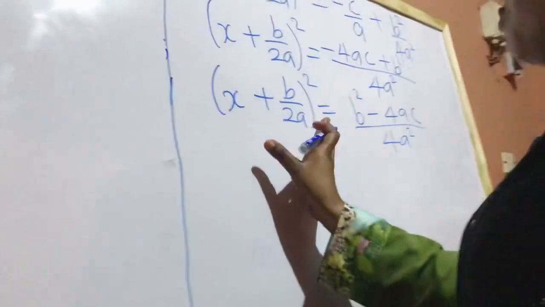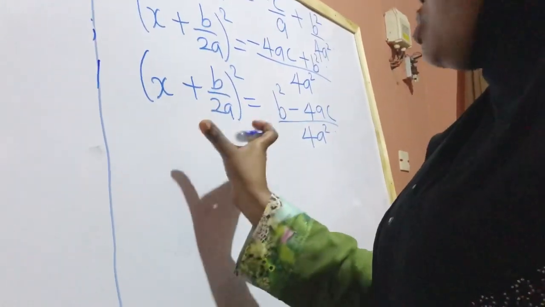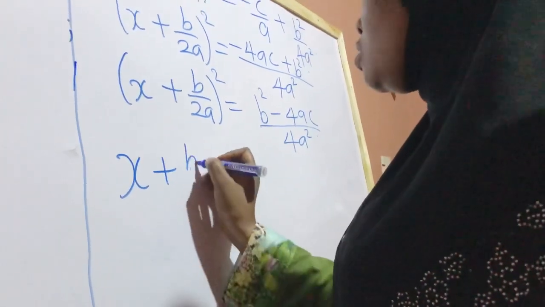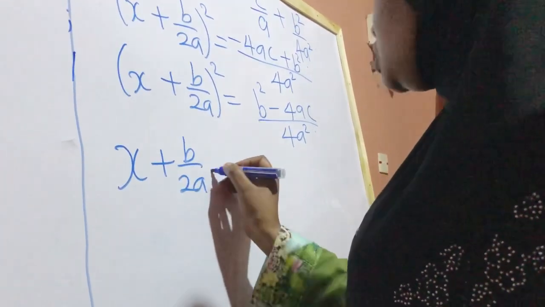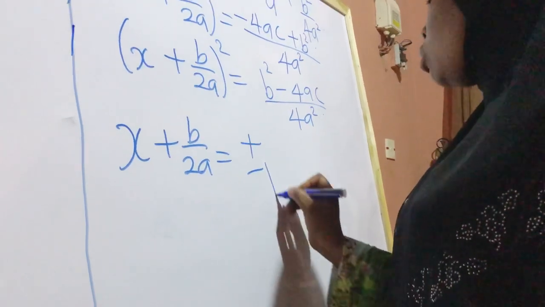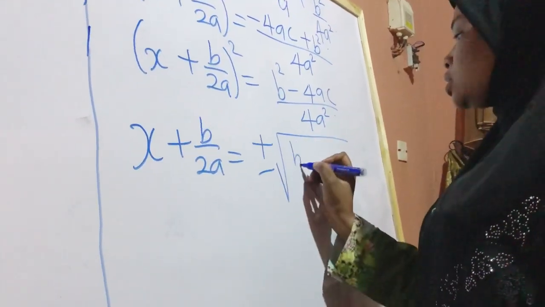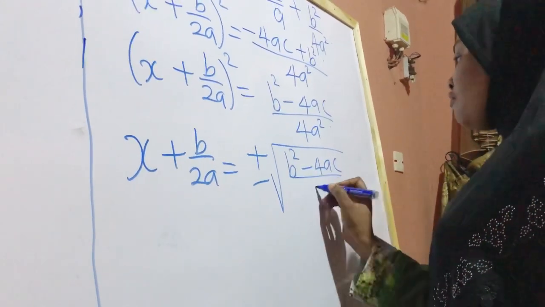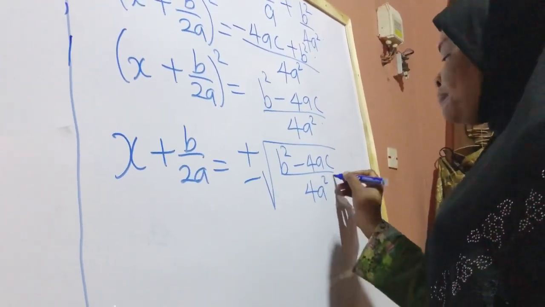Now take the square root of both sides. If you take the square root of both sides, we have x plus b over 2a is equal to plus or minus the square root of b squared minus 4ac over 4a squared.